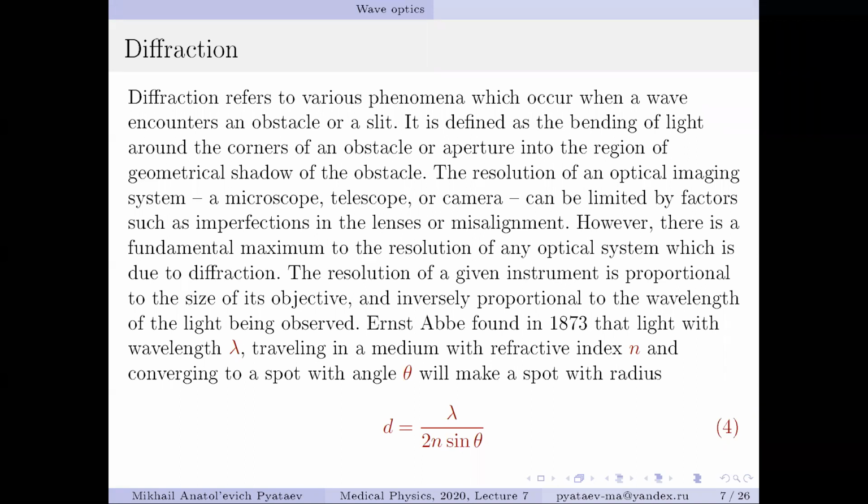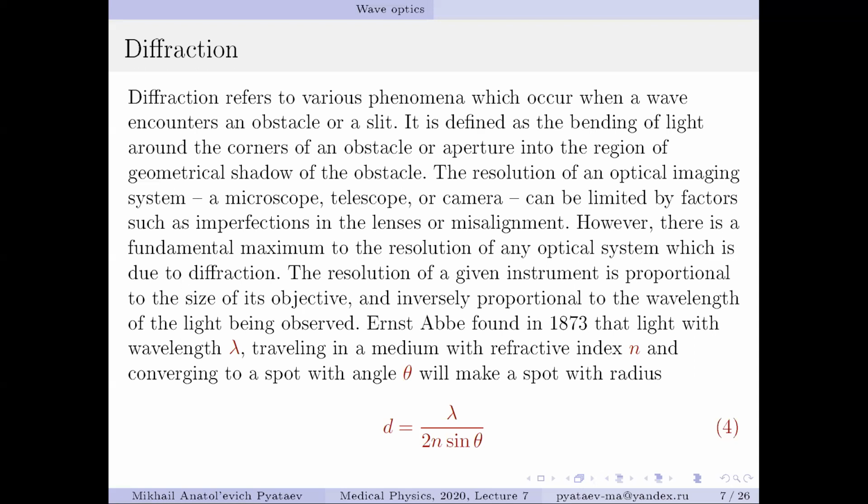Increasing n is used in so-called immersion objective lenses of microscopes. For the highest magnification factor, the objective lens with a droplet of oil is used.